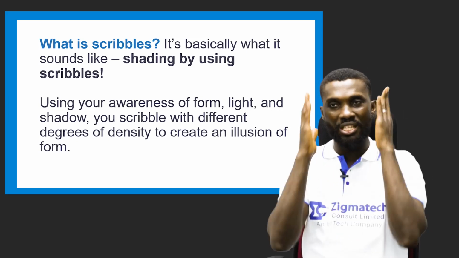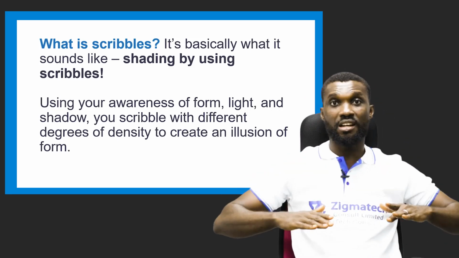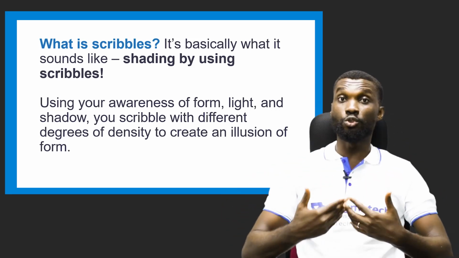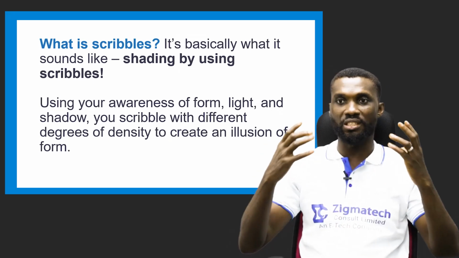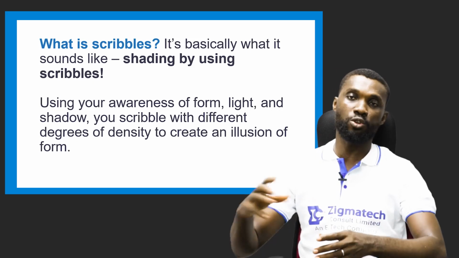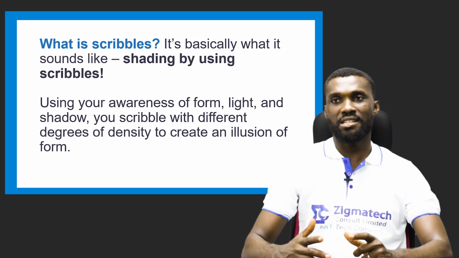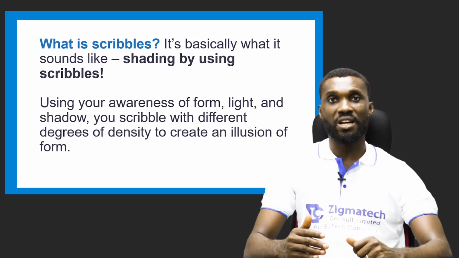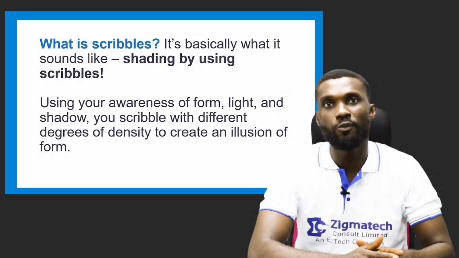So you use the knowledge you have acquired as an artist, and then you adopt the act of scribbling. You create a very good illustration, a very good work of art. But you cannot do that when you have not practiced the basics.